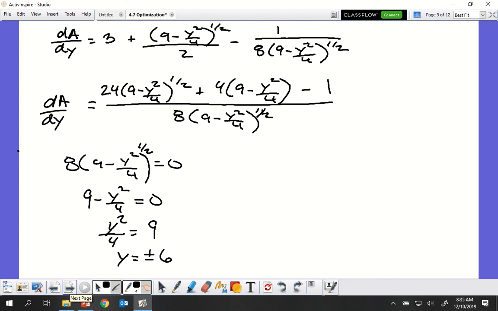All right, now set it equal to 0. And I can get rid of the whole denominator. Six minus y squared minus 1.